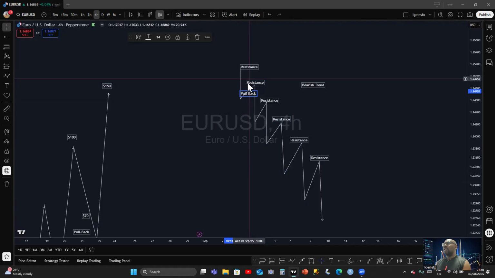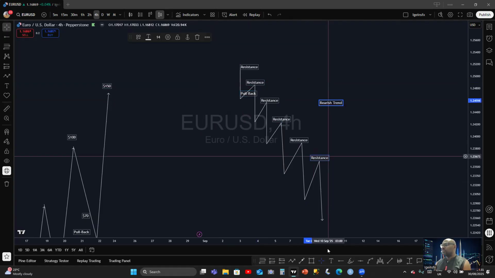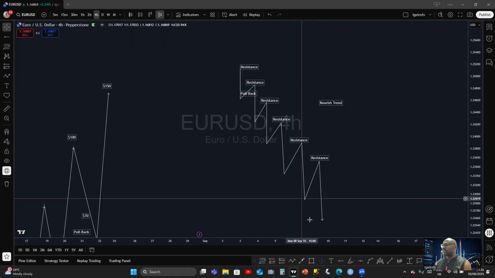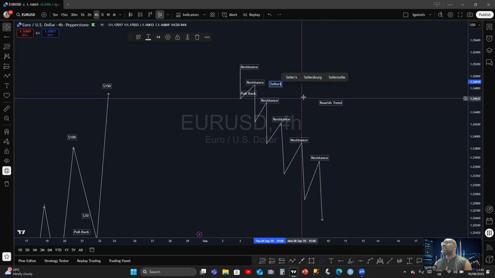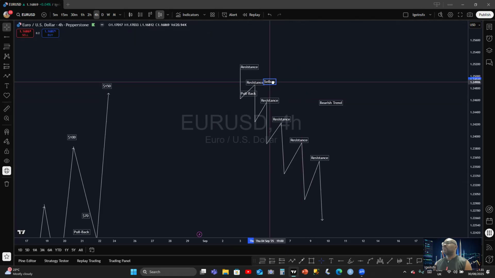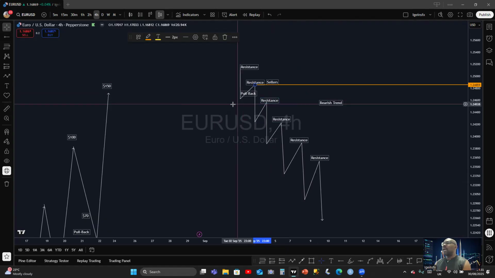Now, this resistance here is where sellers wait for price. This is where sellers will wait for price. Sellers will wait for price to come like this.